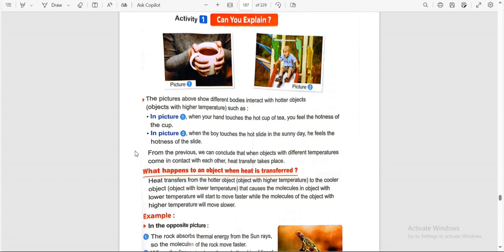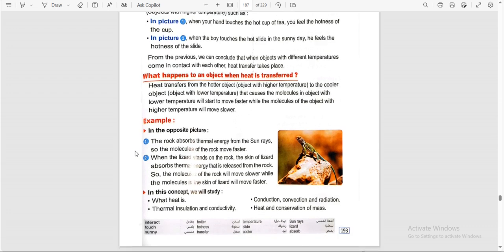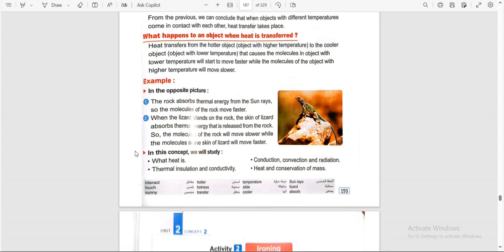So, in this picture here, the lizard is basking in the sun. Basking means to stay in the sun. So the lizard is basking in the sun and it's getting the heat of the rock to its body, to keep its body warm.